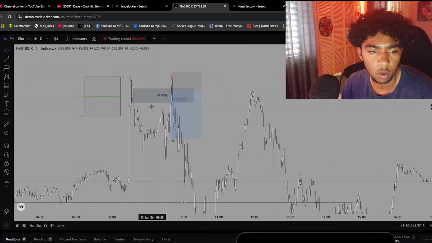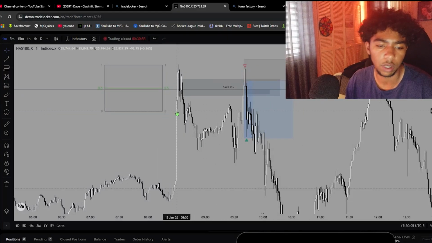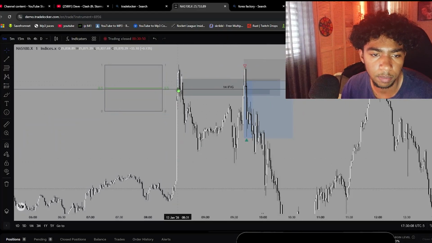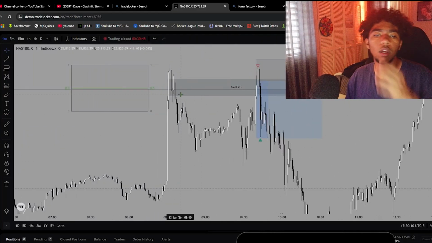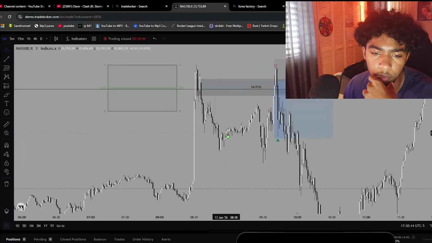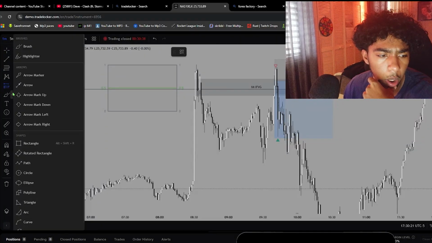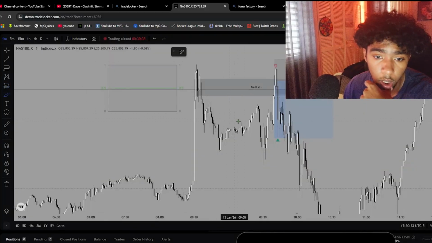Now let's go down on the 1 minute time frame. Usually I like to draw out my 8:30 range, but as you can see that wouldn't exactly work today because we have the CPI candle. So we notice that price is accumulating in this area here. Let's see if I can find it. Rectangle. Okay, whatever.